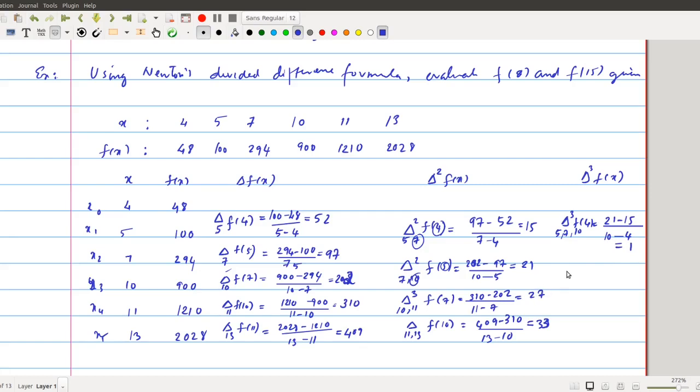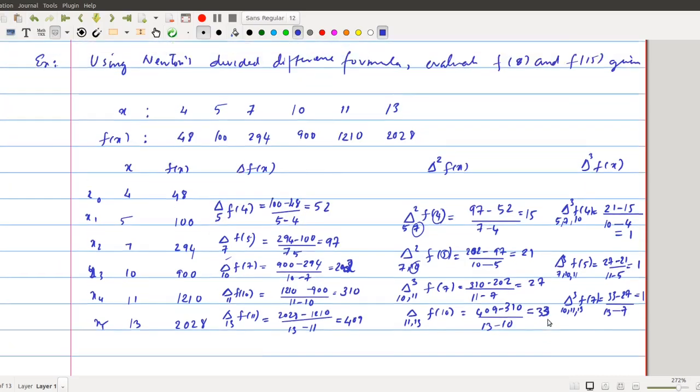Similarly, delta cube 7 10 11 of f of 5 will be 27 minus 21 divided by 11 minus 5, which is 1 again. Finally delta cube 10 11 13 of f of 7 is 33 minus 27 divided by 13 minus 7, which is also equal to 1. So these are the table values.